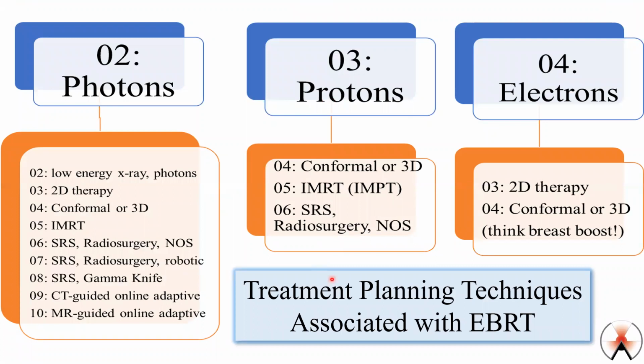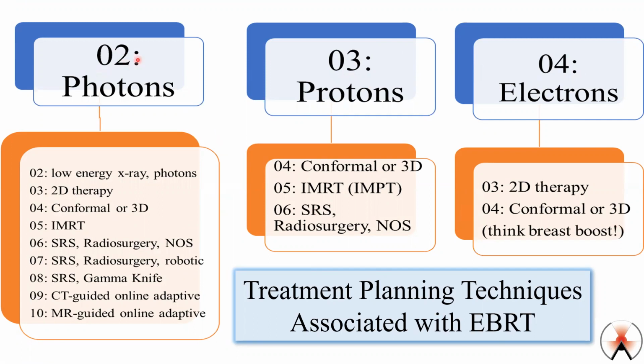Okay, so treatment planning techniques associated with external beam radiotherapy. This row here are the modality codes. We went over that, the photons, protons, and electrons, 2, 3, and 4. This row here are the treatment planning techniques associated with each of these.